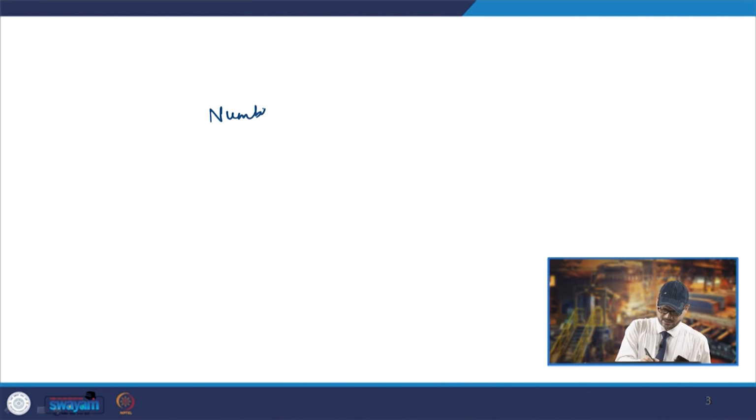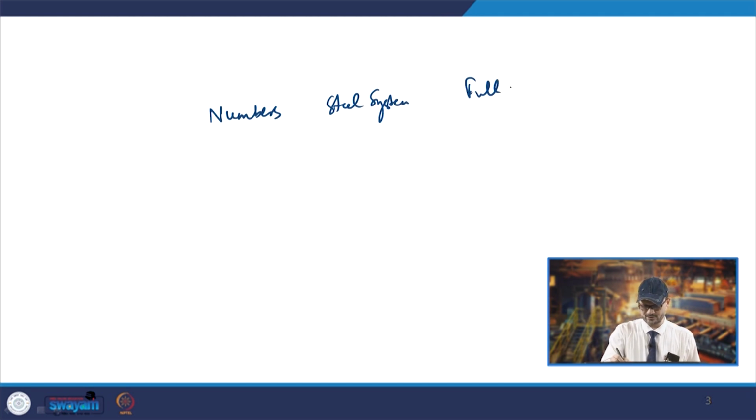The steel is replaced with water because their kinematic viscosity is the same at the melting temperature of steel and at normal temperature in the case of water. So, normally when you go for the full scale model, you have the steel system and the full scale water model.